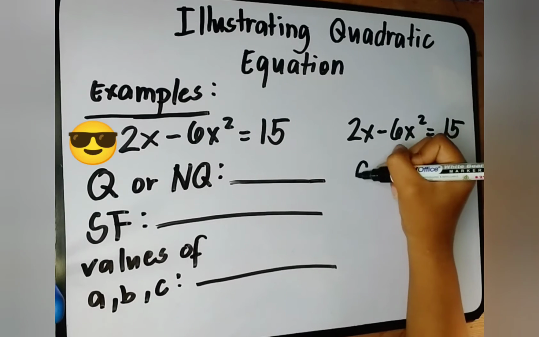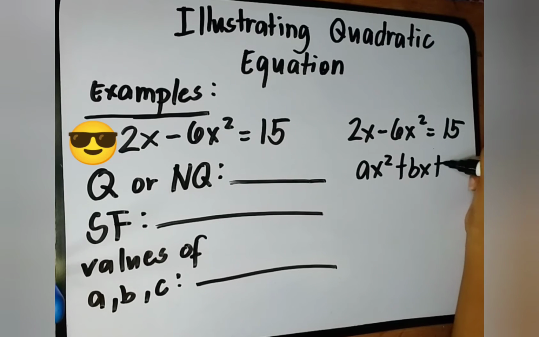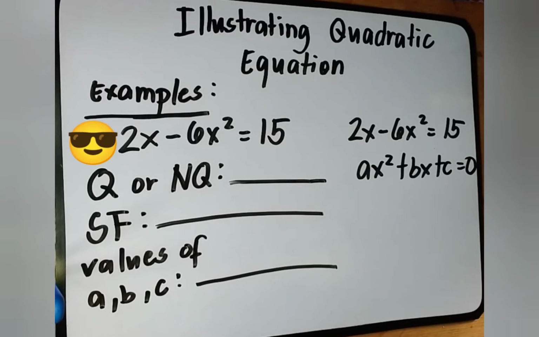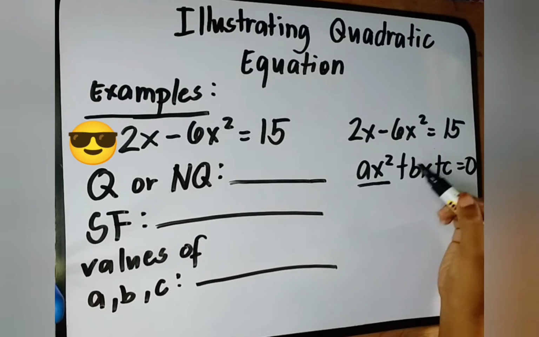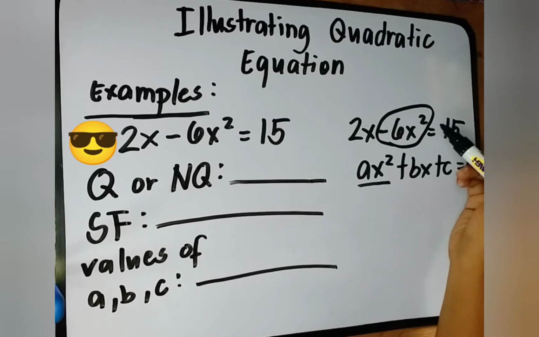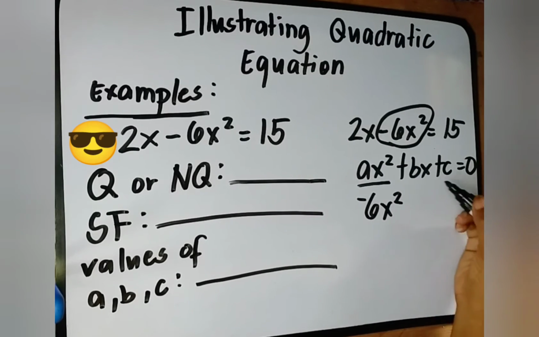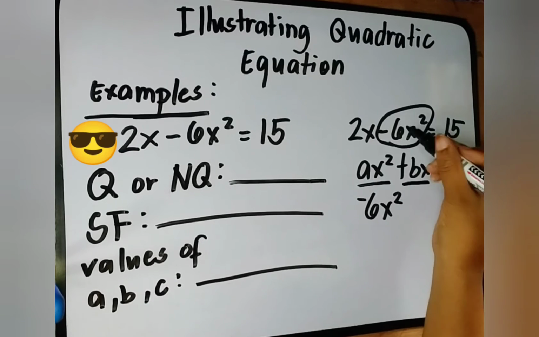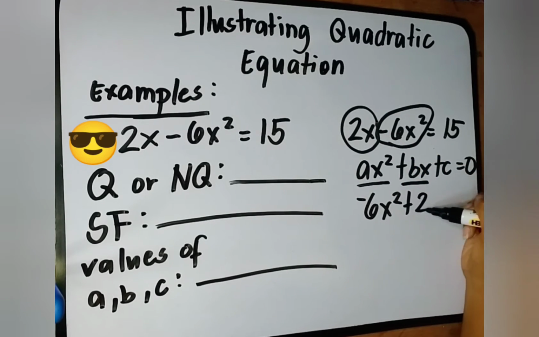Okay, we will just rearrange the equation. The standard form of the quadratic equation is ax squared plus bx plus c is equal to 0. So, ax squared is negative 6x squared, and then bx is plus 2x.